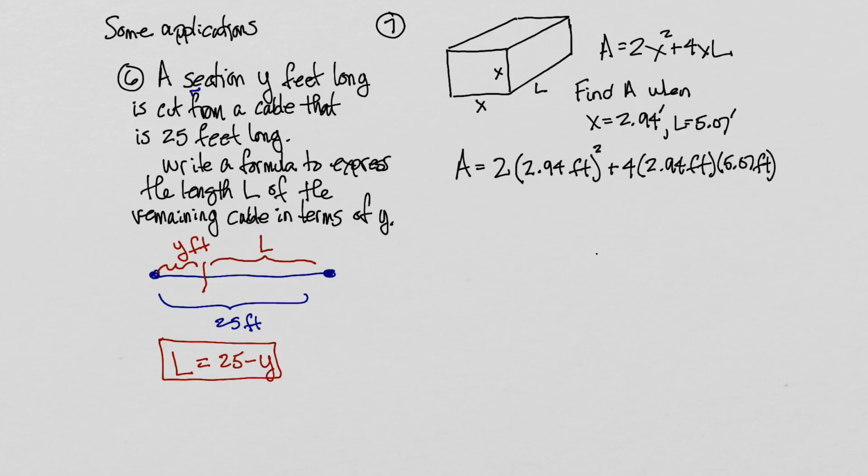Now, by the order of operations, we're going to compute that power first. So I did that on my calculator. I got A equals 2 times, now 2.94 squared is 8.6436, and when you square the feet, it's feet squared, plus, and we still have the 4 times 2.94 feet times the 5.07 feet.